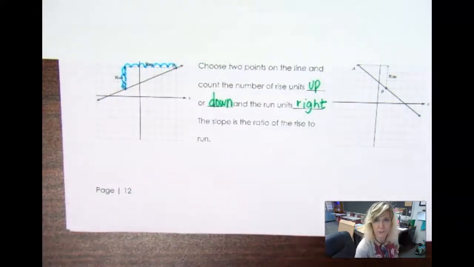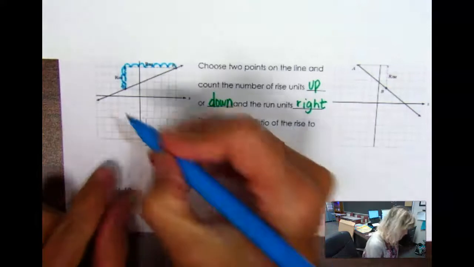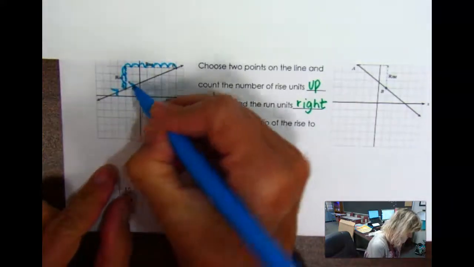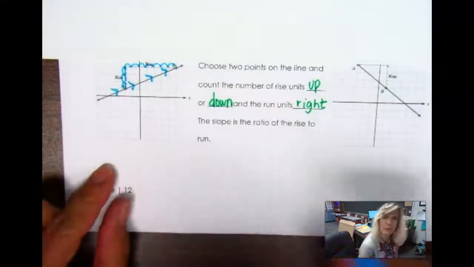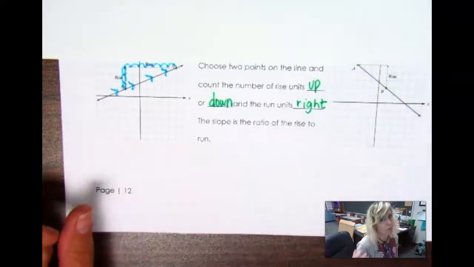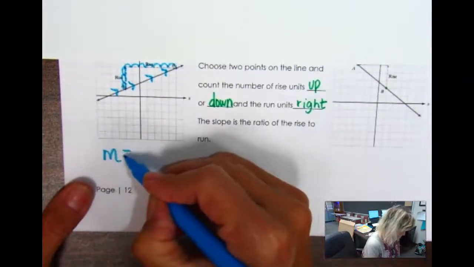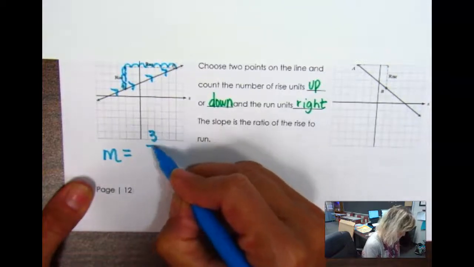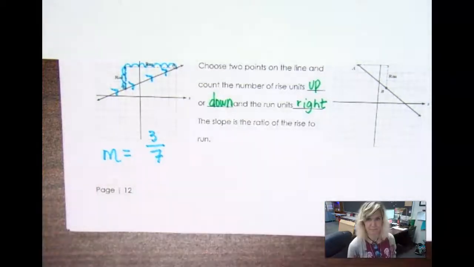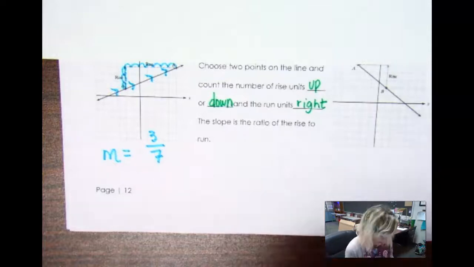Remember, it's always to the right. Also, if I was walking on this line, I would be walking uphill, so I know that the slope is positive. And remember, we always use the letter M for slope. So slope is going to equal 3/7. Let's take a look at the other side.